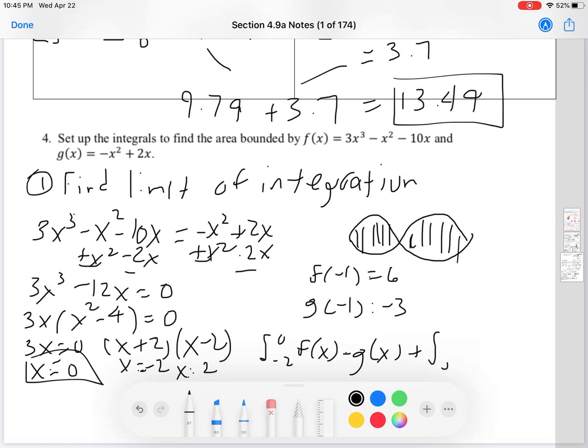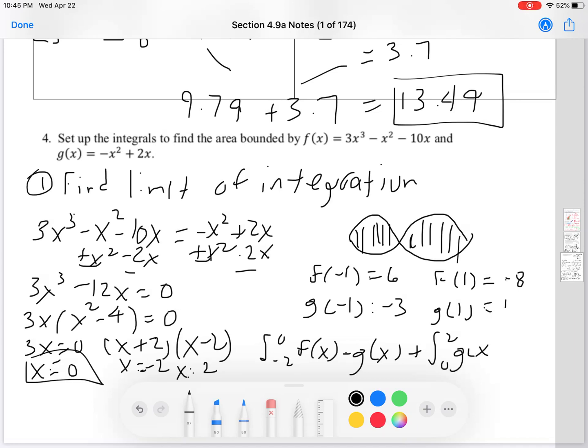And it's better to be safe than sorry. So maybe on the second integral, I would choose f of +1 and g of +1, and I would plug them into the original functions. So I would get something like -8 when I plug in my 1. And for the g, I would get like -1.